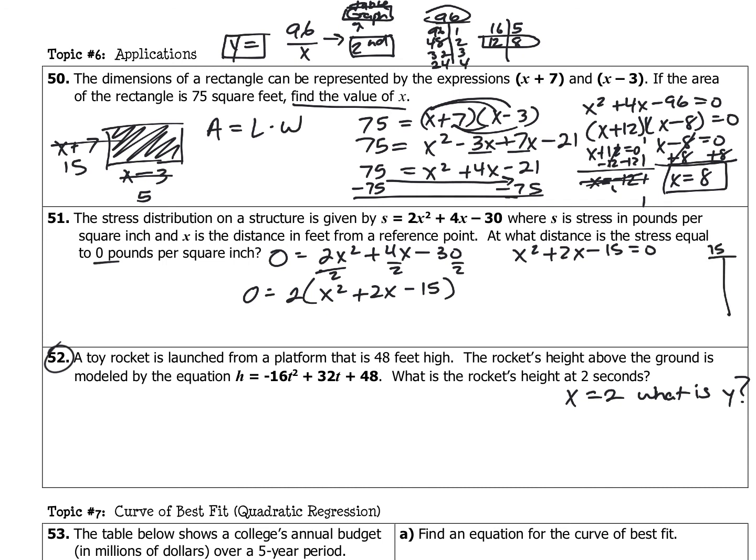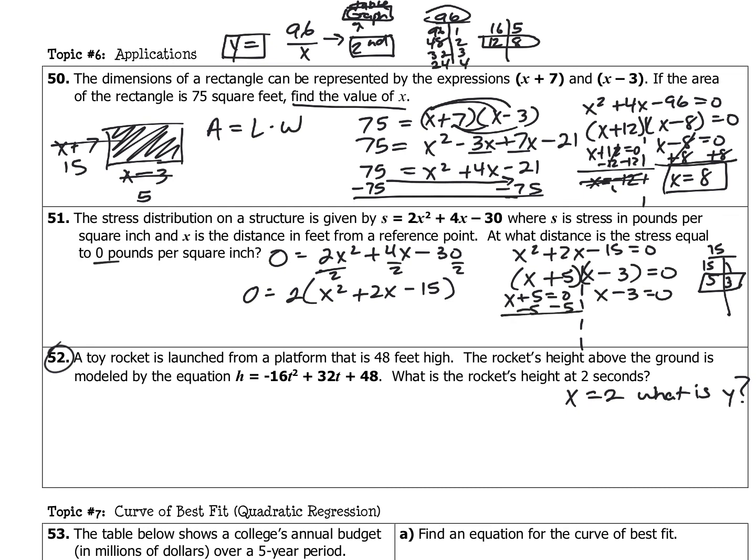Factors of 15: 15 and 1, 5 and 3. And 5 and 3 will give me 2, so I have x plus 5, x minus 3 equals 0. And if I set each one equal to 0, x plus 5 equals 0, x minus 3 equals 0.